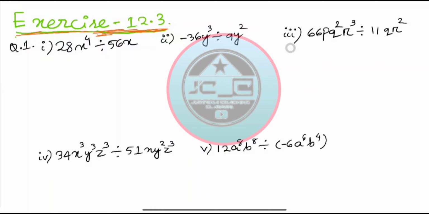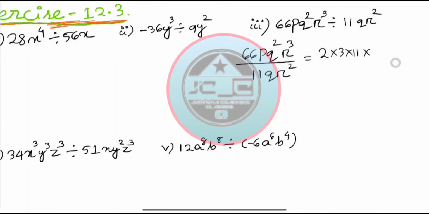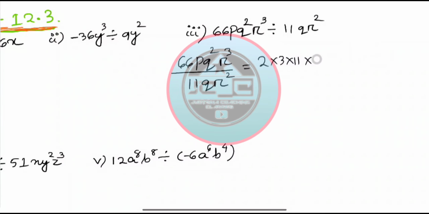Third says 66pq square r cube whole divided by 11qr square. 66 means 2 into 3 into 11 into p into q square into r cube, whole divided by 11 into q into r square.